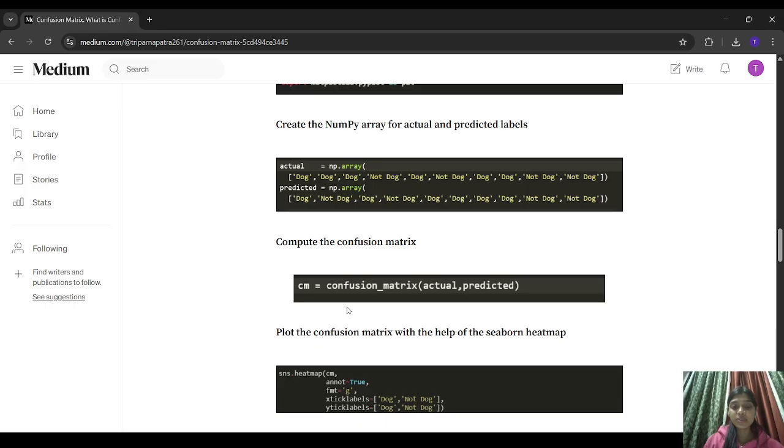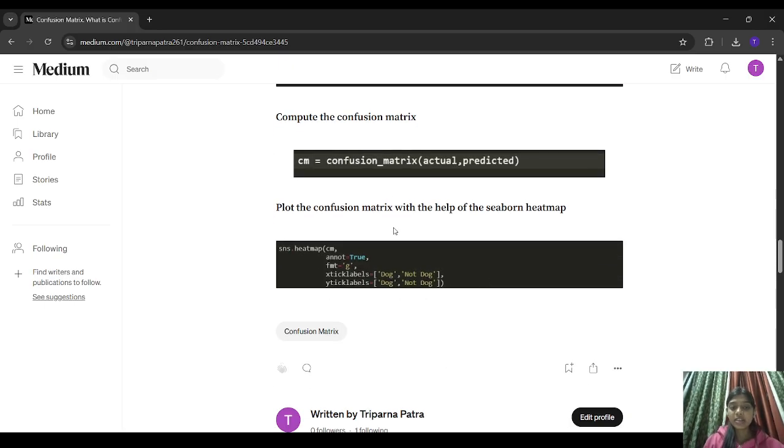Then we compute the confusion matrix. We have taken a variable under which we have defined our confusion matrix, which consists of actual values and predicted values. Then we want to plot the confusion matrix using a Seaborn heatmap.